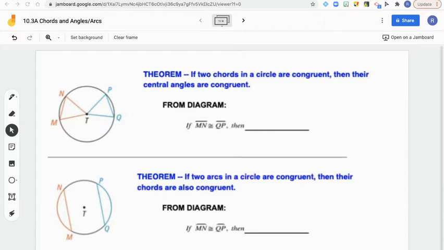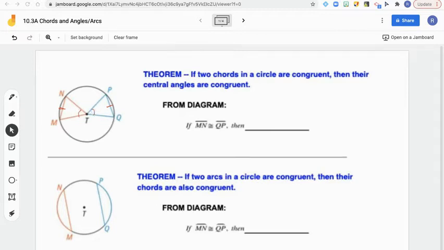with chords. Okay, so this first theorem says, if two chords in a circle are congruent, then their central angles are congruent. And so what that means, you see this diagram over here, what it's saying is if these two chords, right, remember a chord is a segment from one point on the circle to another point on the circle. So if those two lengths are the same, then their central angles are also the same.